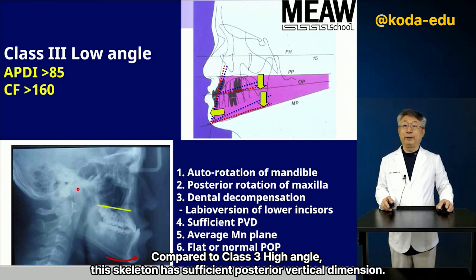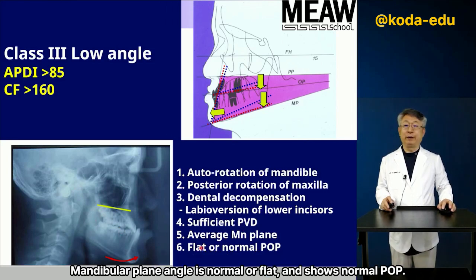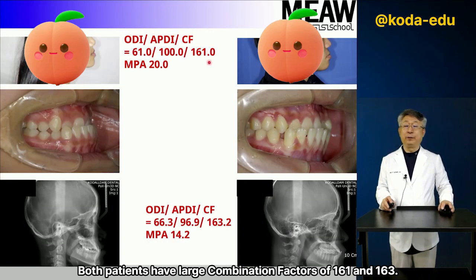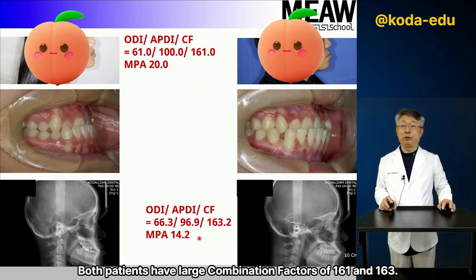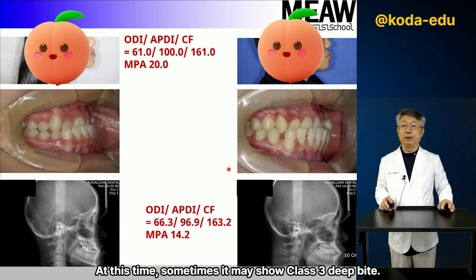Compared to Class 3 high angle, this skeleton has sufficient posterior vertical dimension. Mandibular plane angle is normal or flat, and shows normal POP. Both patients have large combination factors of 161 and 163. At this time, it sometimes may show Class 3 deep bite.